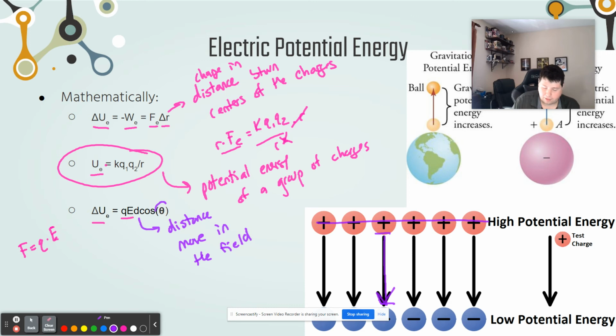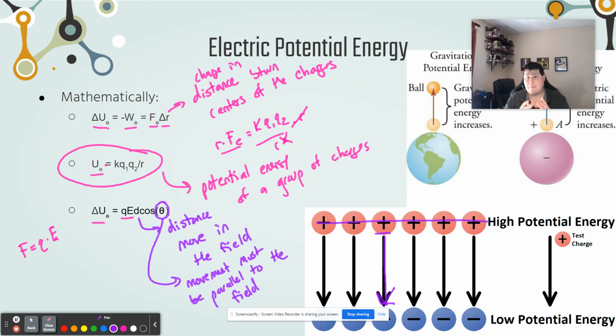And then this angle here is very important. Just like I said, the change in distance above had to be between the centers of the charges. This angle takes into account the fact that the movement must be parallel to the field. And this is something we don't think about often because it works really easily for gravity.